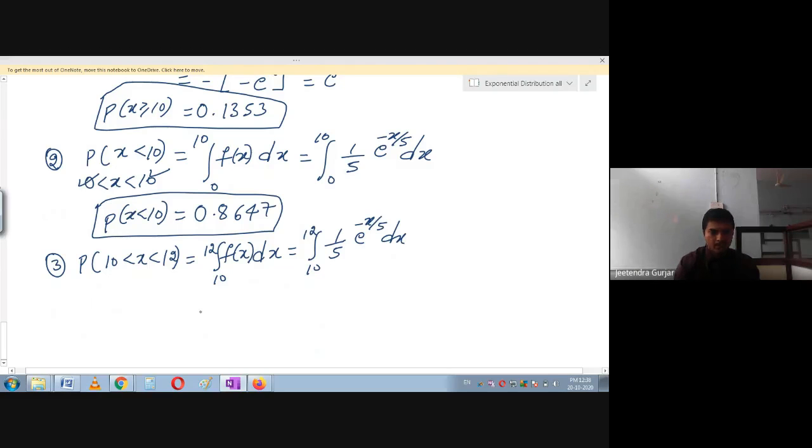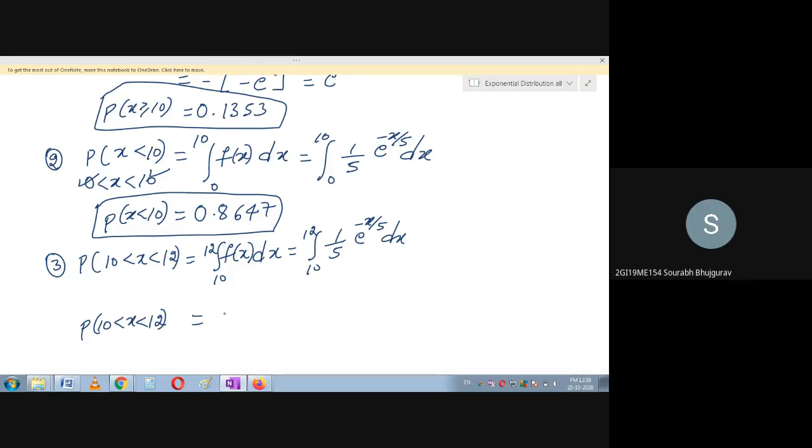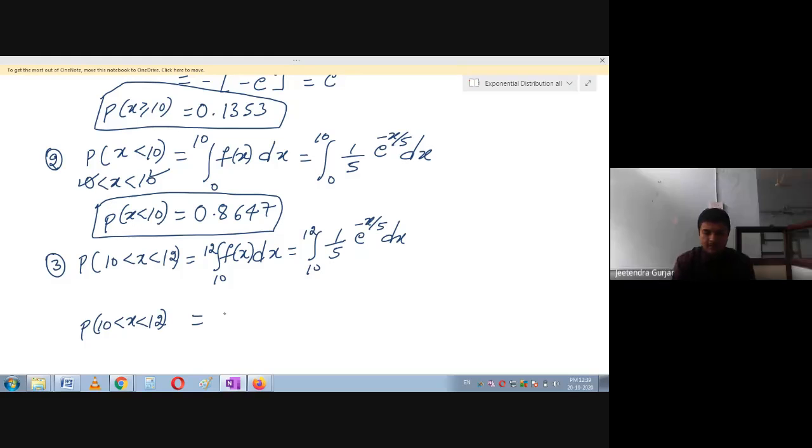Okay, so this is equal to, I think you can directly substitute in your calculator. Therefore, we get the probability of 10 less than x less than 12. Put in the calculator integration 10 to 12, 1 divided by 5 e raised to minus x divided by 5 dx. What answer do we get, students? 0.04461. Yes, very good.